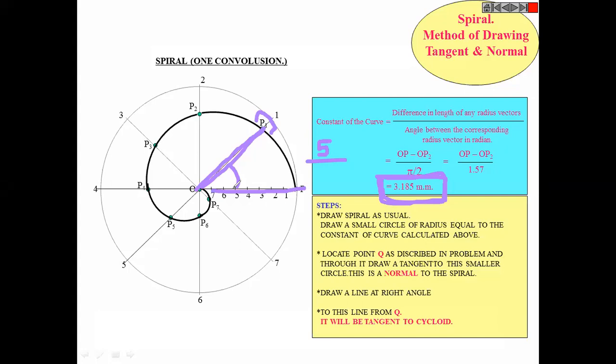What is the constant of the curve? 6.36 mm. How much?